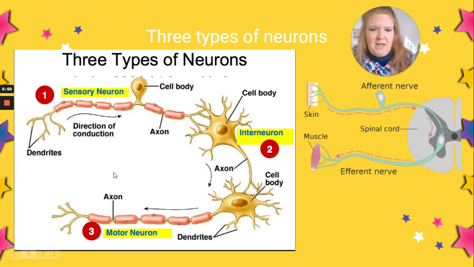Now you can see right here the interneuron does not have myelin around it in this illustration. Primarily that's because it's a very small neuron, so myelin may not be needed.